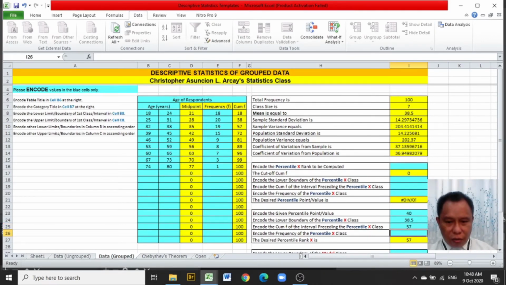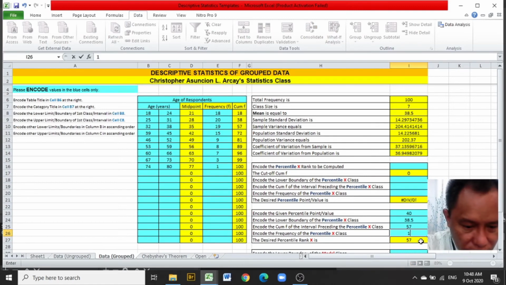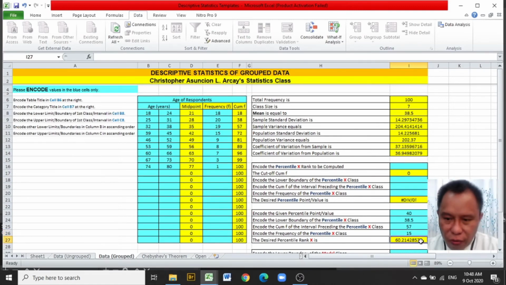And the last one, encode the frequency of the interval where 40 is located. The frequency of 39 to 45 is 15. Encode 15, and we are given 60.241, or approximately 60.